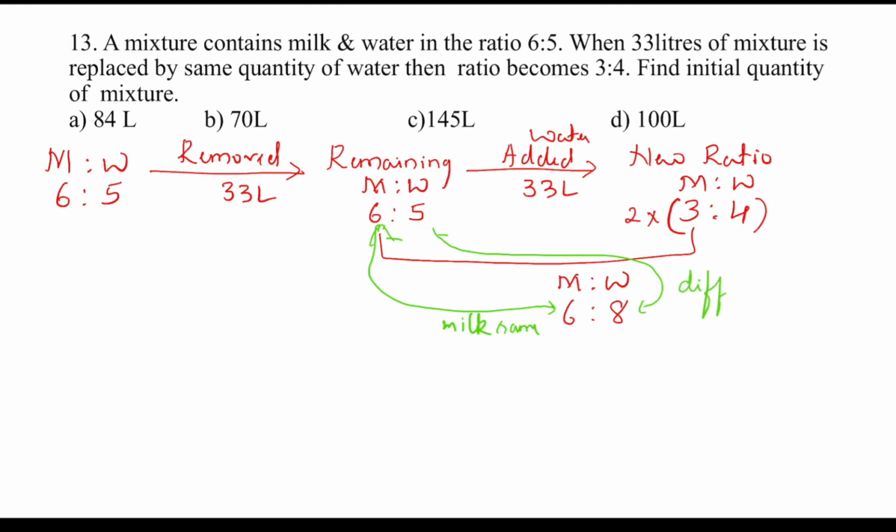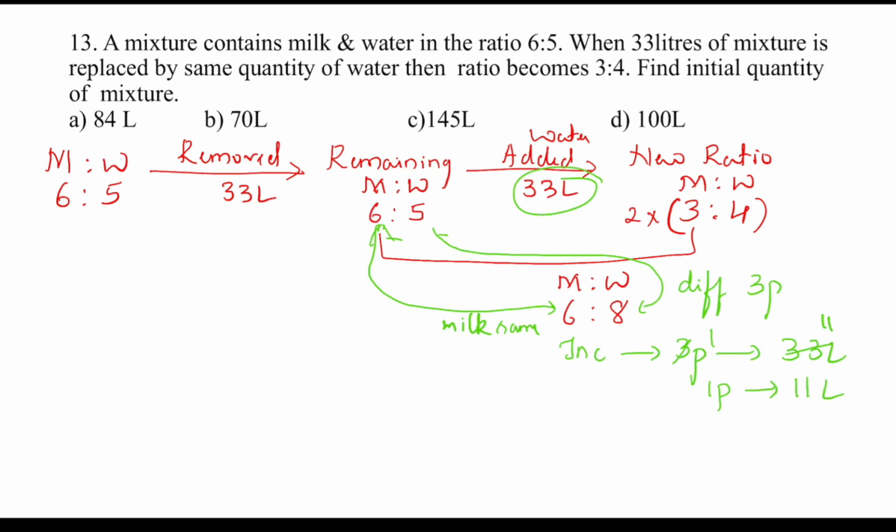Difference is how much? 3 parts. That means it is increasing by 3 parts. So this increment in 3 parts is due to what? It is due to the addition of 33 liters of water. Due to addition of this water, this increment in ratio happened. So if 3 parts is 33 liters, then 1 part is how much? 1 part will be 11 liters.